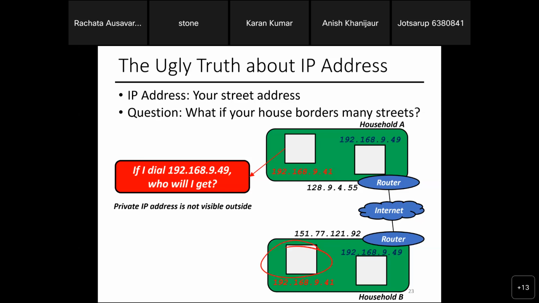But if someone wants to connect to the machine, it has to use a public address, right? It has to use a public address because internally you connect to the router, you don't directly connect to the machine. Then the router can know, okay, .41 is that guy, all right?